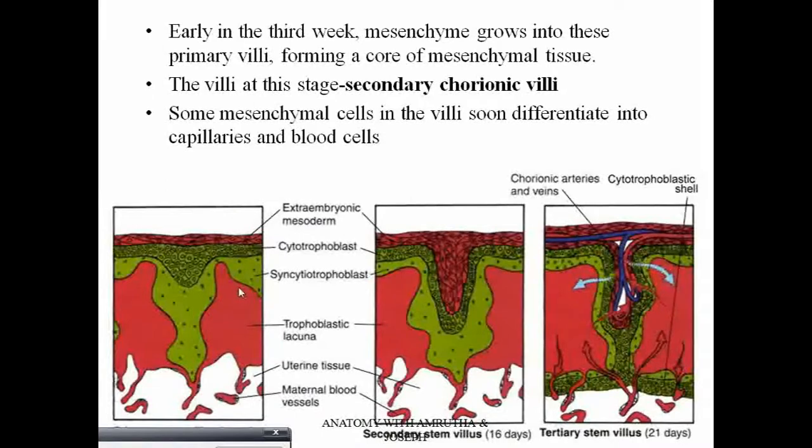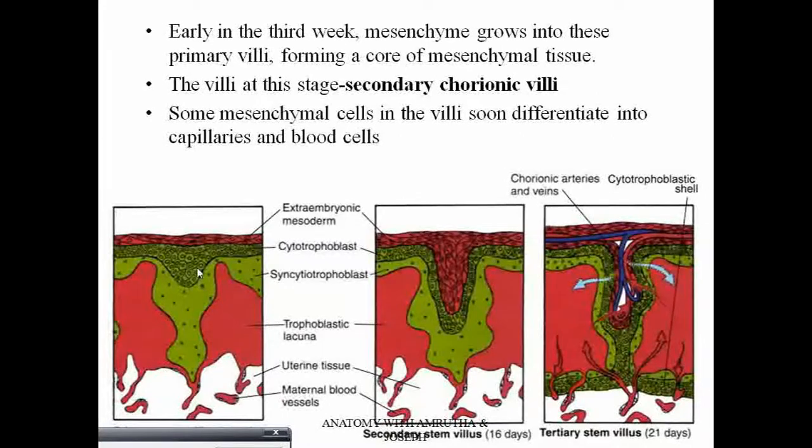Now we need to understand that this is the fetal side and this is the mother side, and this is cytotrophoblast and syncytiotrophoblast, and the lacunae where the syncytiotrophoblast has some spaces. Lacunae are the spaces in the syncytiotrophoblast which are filled with blood, mother's blood. Now the cytotrophoblast starts to grow into syncytiotrophoblast, that is called the primary chorionic villi.